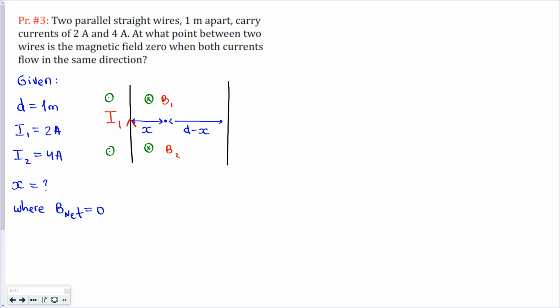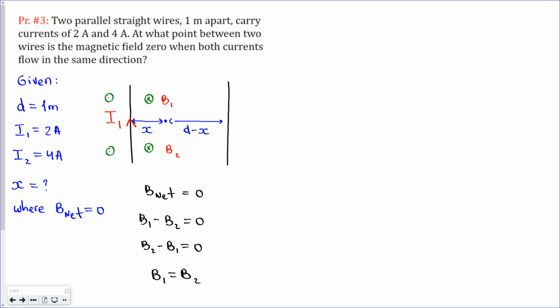So when can the magnetic field at this point be equal to 0? To be equal to 0, the subtraction of these fields must be equal to 0. It doesn't matter whether B1 minus B2 or B2 minus B1. Basically, they must be equal to each other.